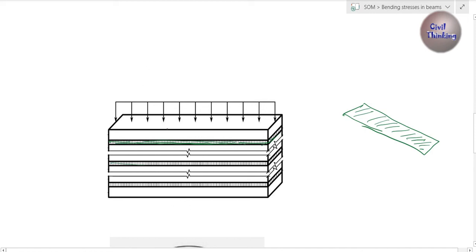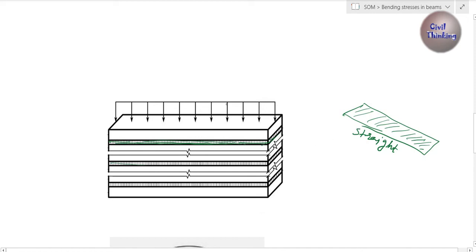And another thing is, now this is a straight fiber, right? This fiber is also straight here because this is before the bending. Before the bending it is straight, but when it is bent, it bends into a circular arc.